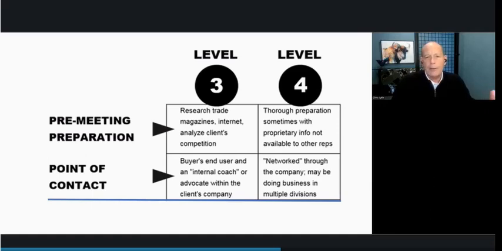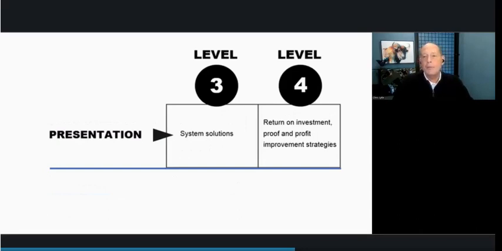So there's that. So you're talking to end users, and then if you're level 4, you're networked through the company, doing business with other divisions, other departments. The person you sold to has introduced you to his or her peers, and that's a good place to be. And then the presentation, you're selling a system solution at level 3, not just a product, a one-time use.